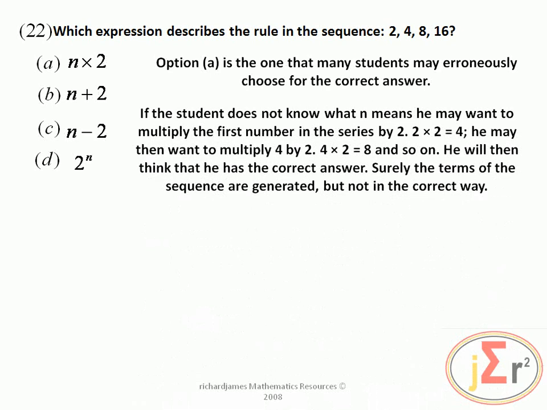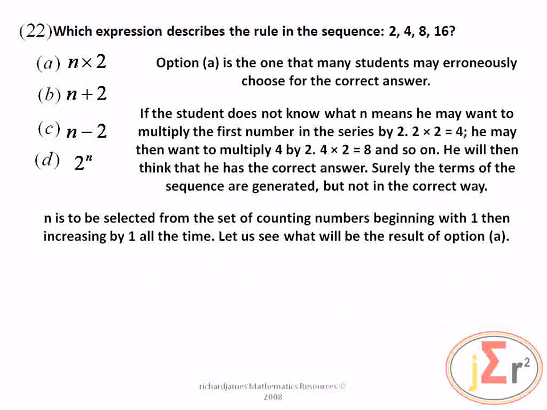So 2 multiplied by 2 is equal to 4. He may then want to multiply the 4 that was received by 2. So 4 multiplied by 2 is equal to 8. And so on. He will then think that he has the correct answer. Surely, the terms of a sequence are generated, but not in the correct way.